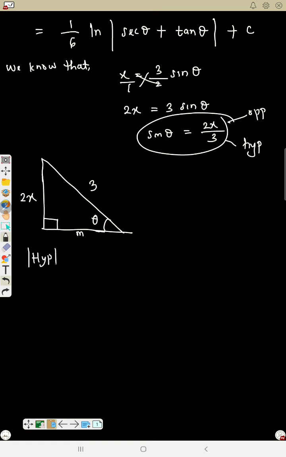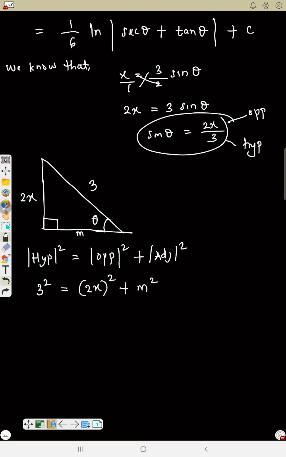So that is hypotenuse square equals opposite square plus adjacent square. So what is hypotenuse? That is 3 square is equals to opposite square, that will be 2x square, plus adjacent, that is m square. So what is m square now? Collect like terms.